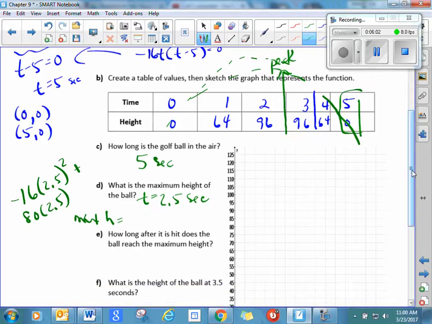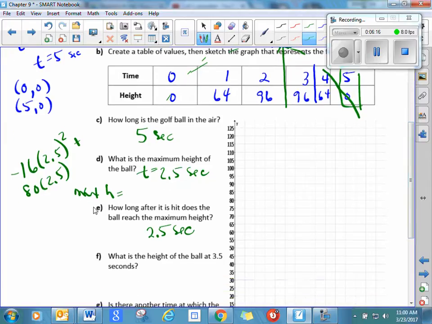Okay, then it says, how long after it's hit does it reach the maximum height? Well, we just talked about that, 2.5 seconds. Oh, I did do this, the maximum height. I plugged it in, and I got 100. So see if you get the maximum height of 100. I was thinking I hadn't done it, but I did. See if you get that.